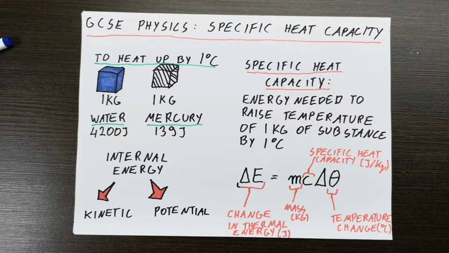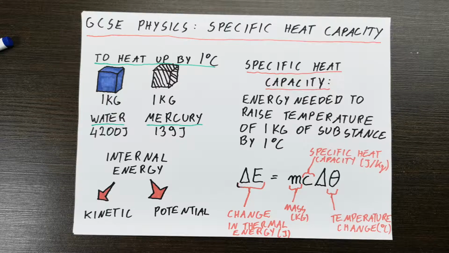So within 1 kilogram of mercury, we will have much fewer mercury atoms than we will have water molecules in 1 kilogram of water, because the molar mass of water is lower, so we can cram more water molecules into that 1 kilogram, whereas in mercury we can do much less.